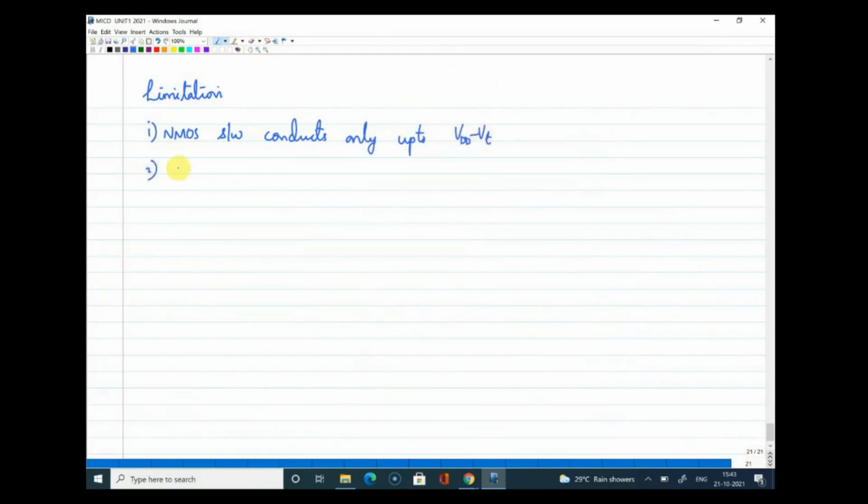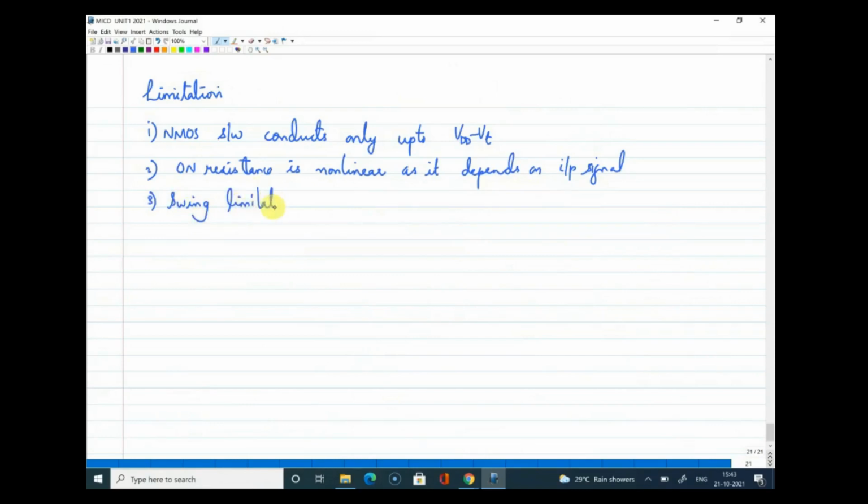Second thing is, the on resistance is non-linear, as it depends on the input signal, and therefore we will definitely have some swing limitations. Is this clear? Can I get some response in the chat? Is this clear, the things we discussed now?